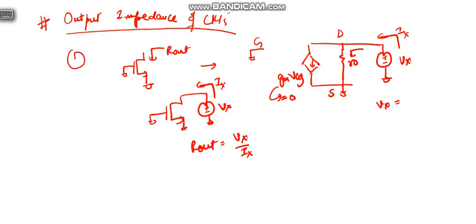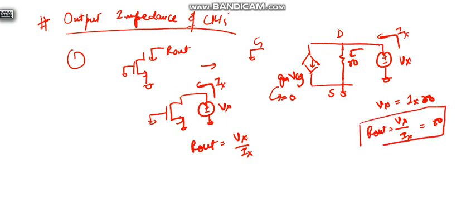So Vx equals Ix RO, and Vx upon Ix equals RO. So this is our Rout. The resistance looking into the drain node of a MOSFET equals RO.